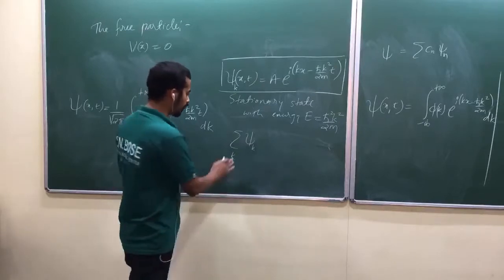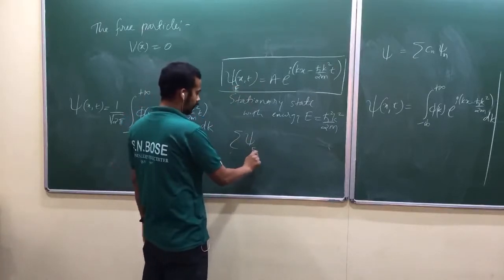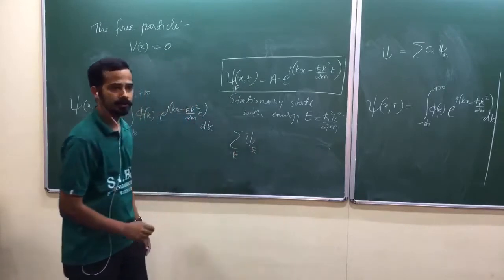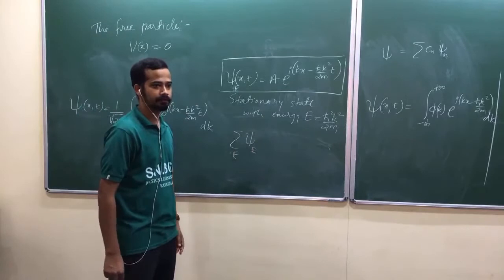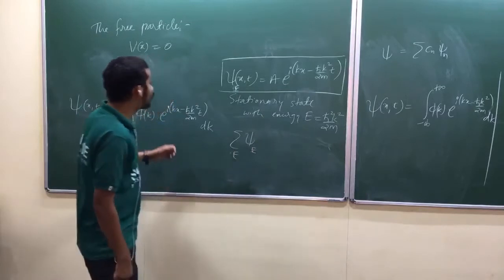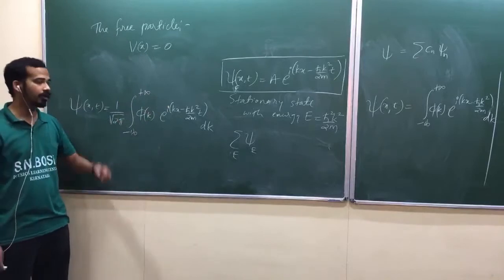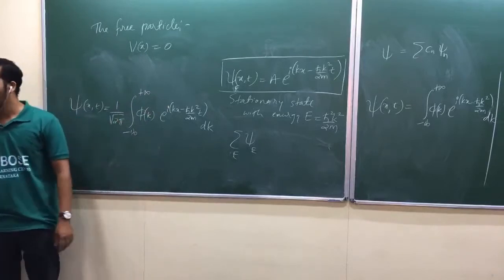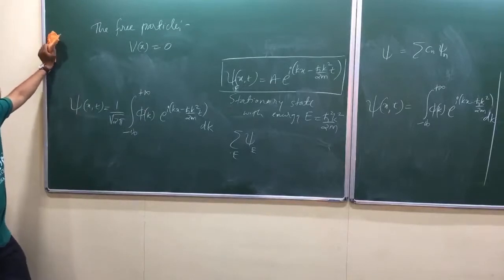Are you getting my point? Or you can write psi of e, but you can't have it like this because E is continuous now. Look here. There is no restriction on energy. So that's why this is the way of writing the linear combination state. And this is normalizable actually.